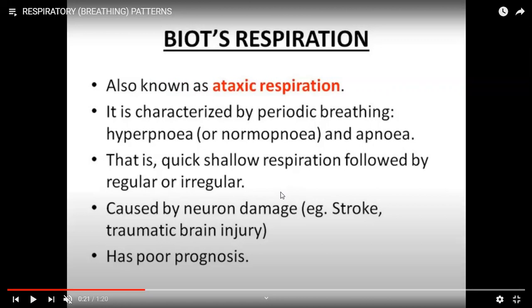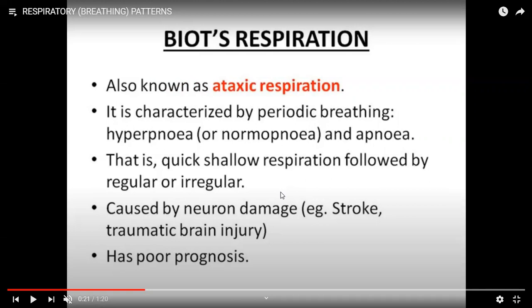So you have apnea followed by hyperpnea, or hyperpnea followed by apnea, or eupnea followed by apnea. That is quick shallow respiration followed by regular or irregular breathing. It can be caused by neuron damage.